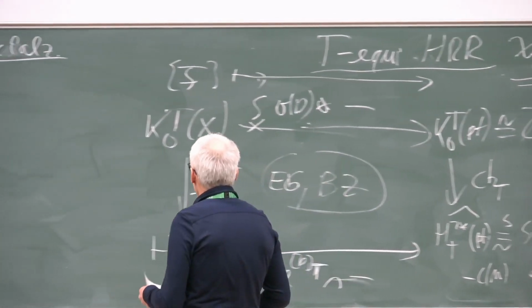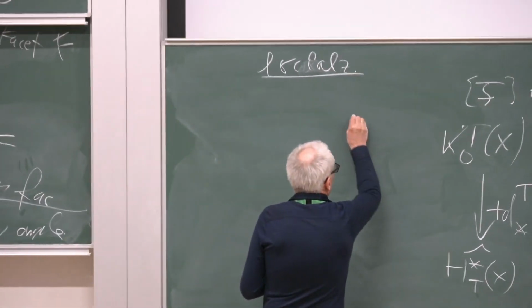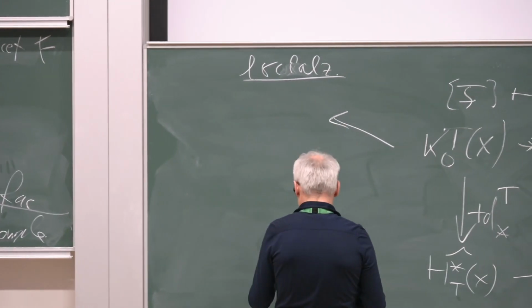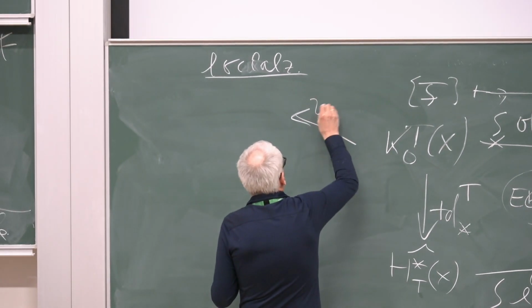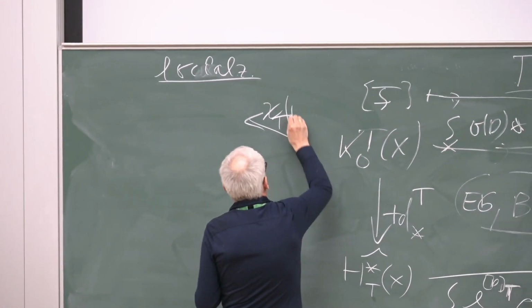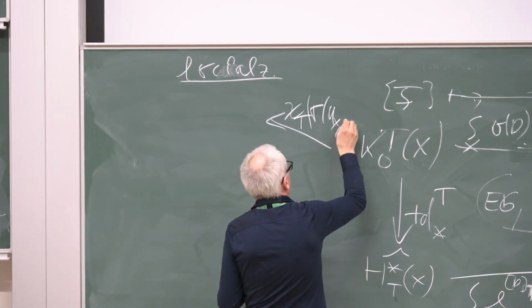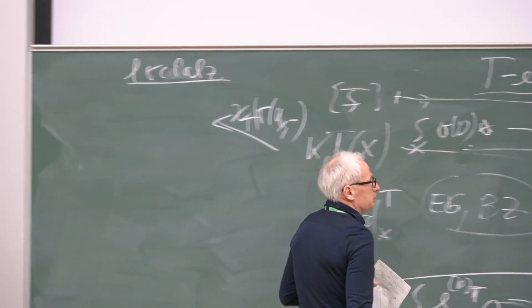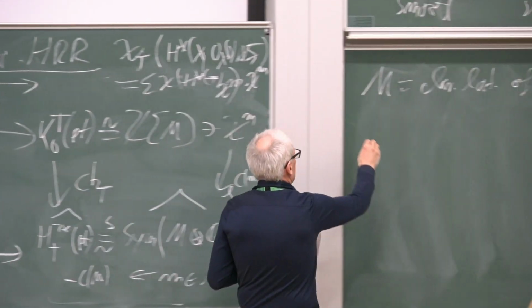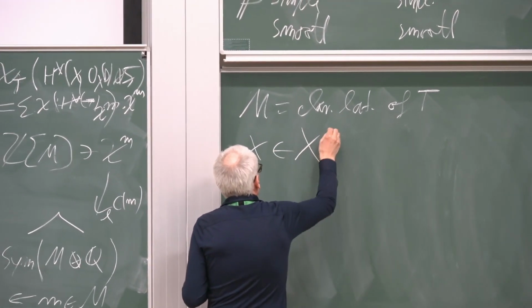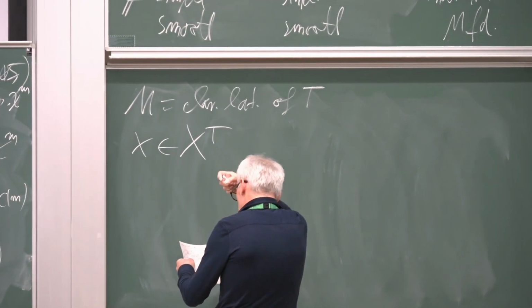So what you are doing now, you make the same equivariant Euler characteristic of the sections of the affine neighborhood. So what we pick now is, let's say we fix now a torus fixed point. What else we need?